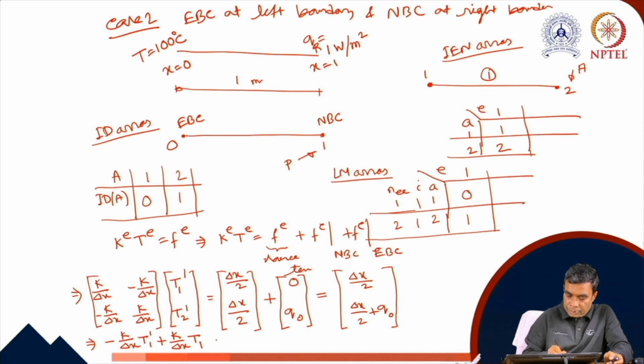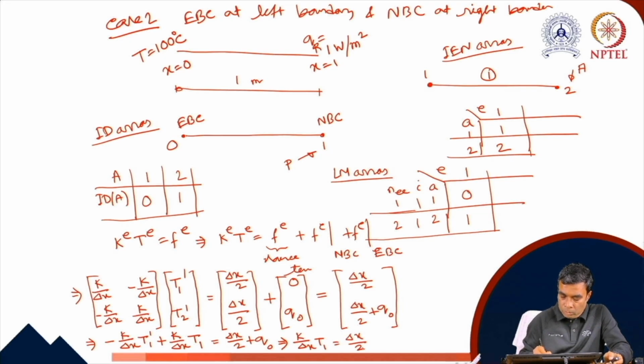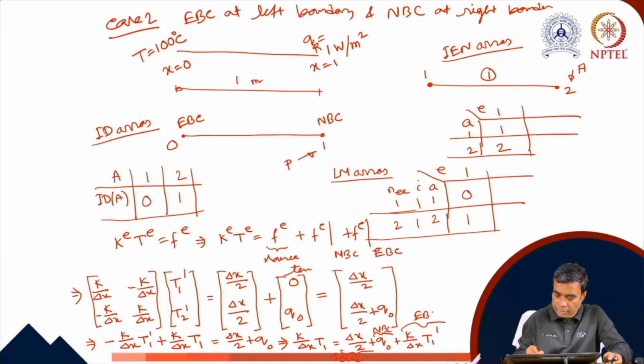T1 equals delta x by 2 plus Q0. So we get K by delta x into T1 equals delta x by 2 plus Q0 plus K by delta x into T11. This is the source term, this is the NBC term, and this is the EBC term.